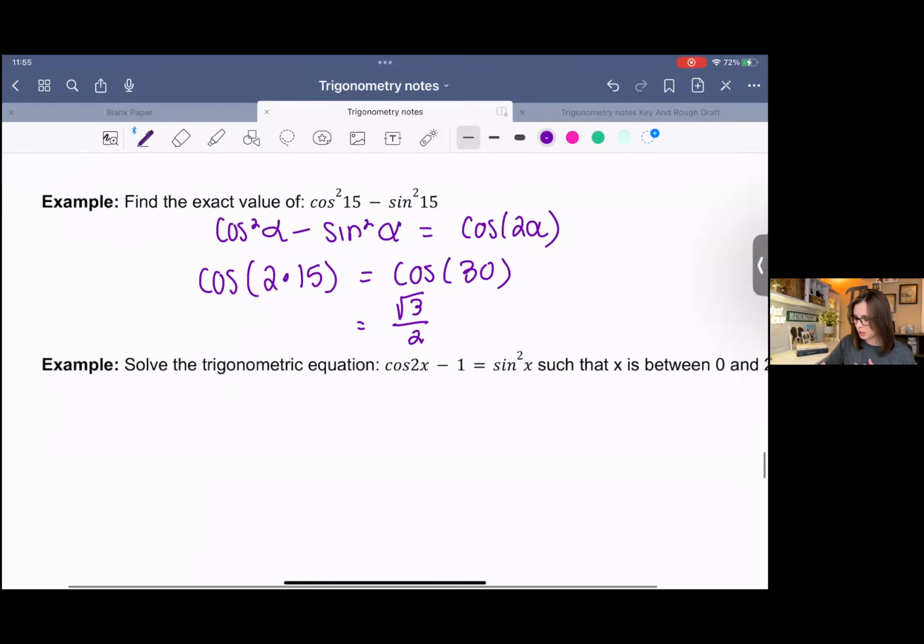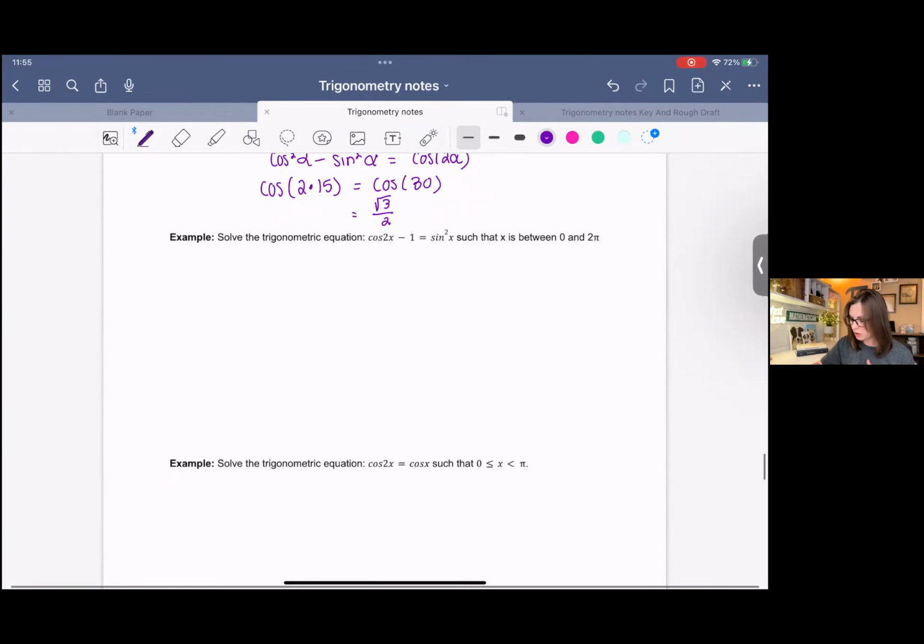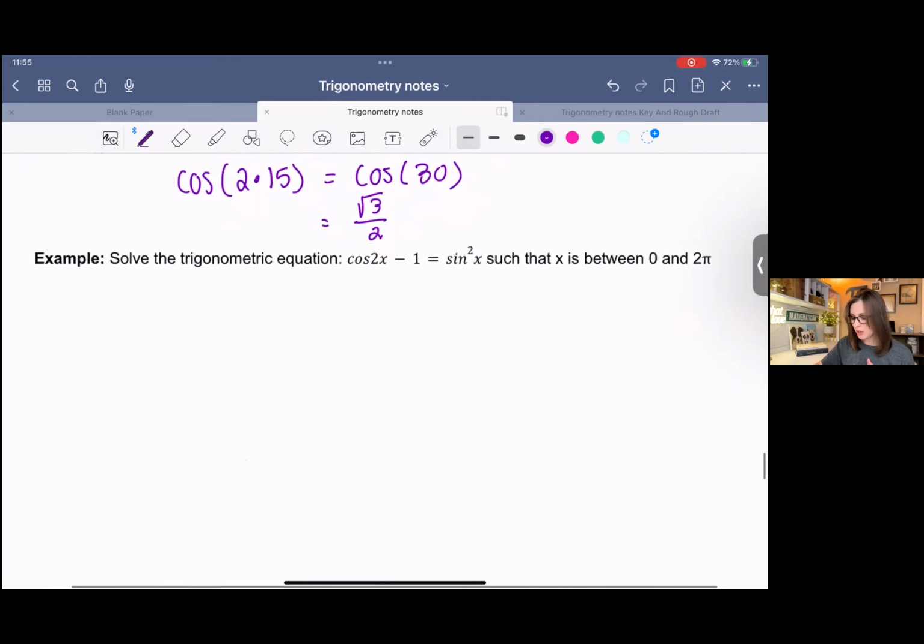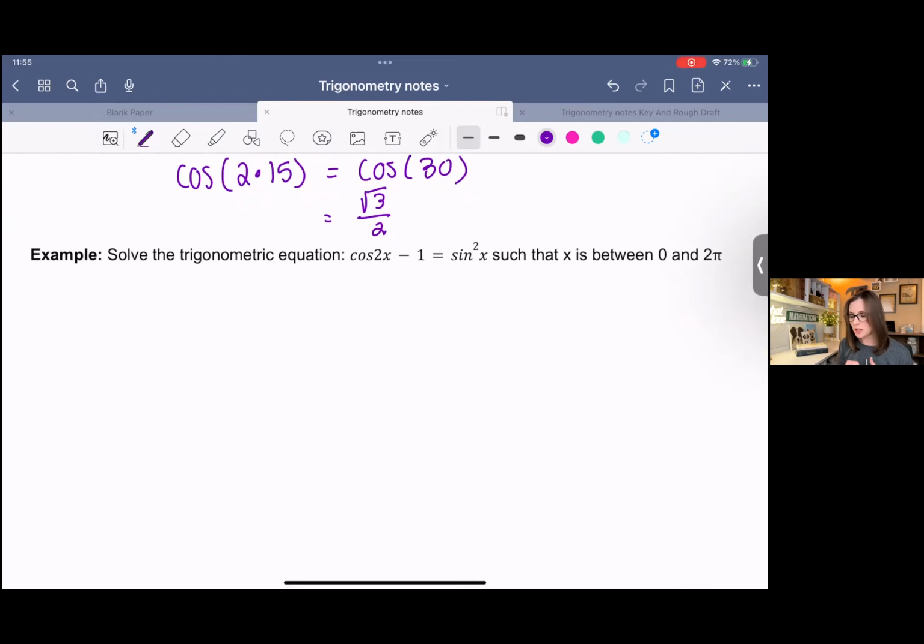Okay, next one, we're going to solve cosine 2x minus 1 equals sine squared x such that x is between 0 and 2 pi. So I'm seeing a sine squared x. I'm going to go ahead and leave that, but I am going to change cosine 2x. You can see where these identities are definitely going to come in handy. Cosine 2x, I did have several identities for that.